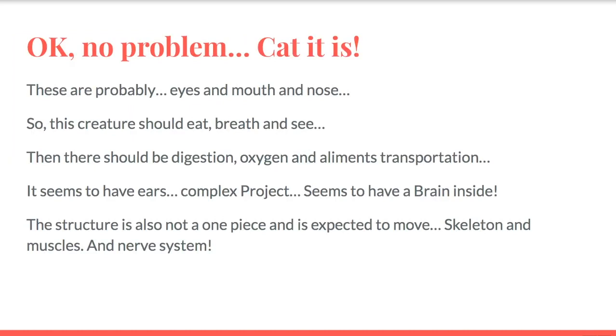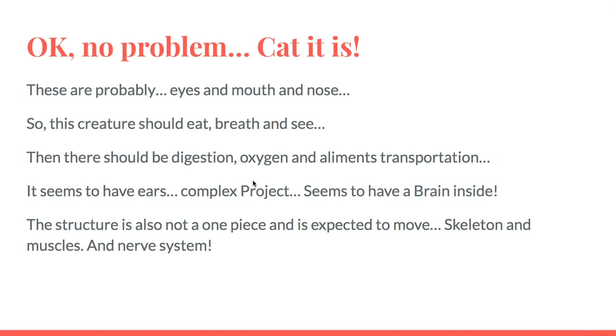So we have to think. Well, fine, that's a cat. And even so, we are not really seeing any eyes and mouth there, but we have to figure out that there are. So we kind of reverse engineer and like, okay, there is a mouth. Probably this is a creature and it should eat, breathe, and see.